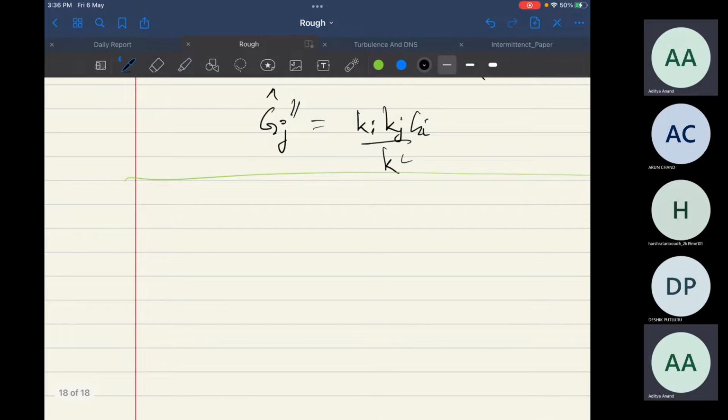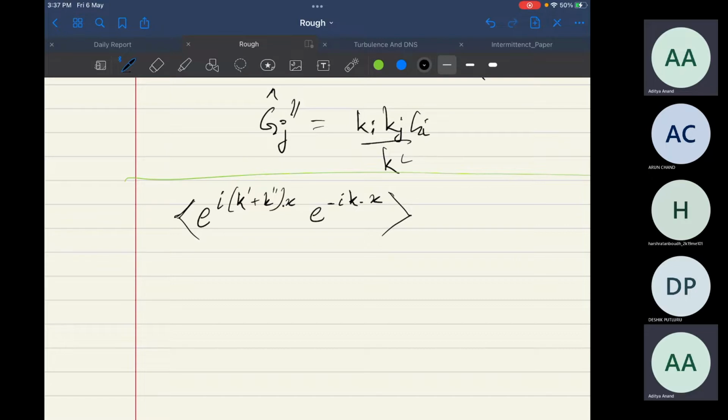You have your e to the power i k prime plus k double prime dot x, and e to the power minus i k dot x. You're basically taking a correlation of these two.